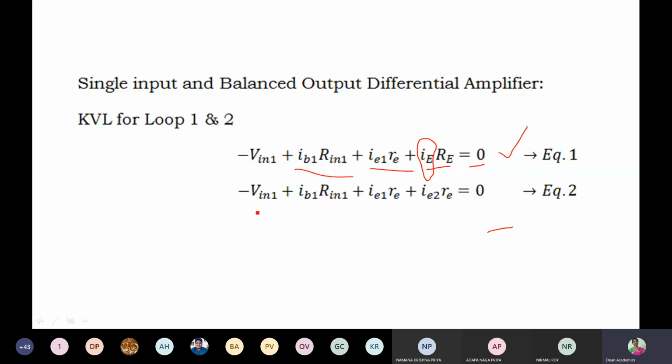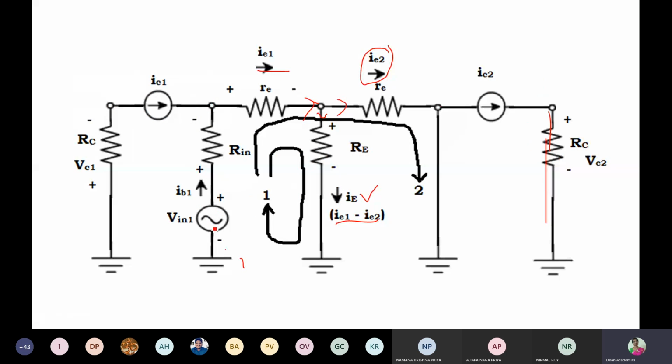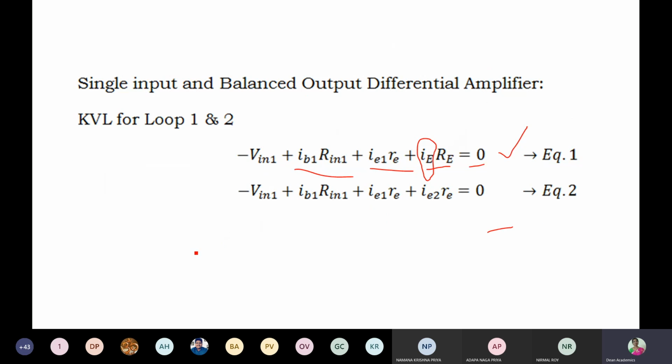So loop 2 equation I am writing now, right? Loop 2 I have shown you already, but once again I am showing: minus V in 1 plus IB1 into R in 1 plus IE1 into RE plus IE2 RE equals 0, right? Same thing I have written here.